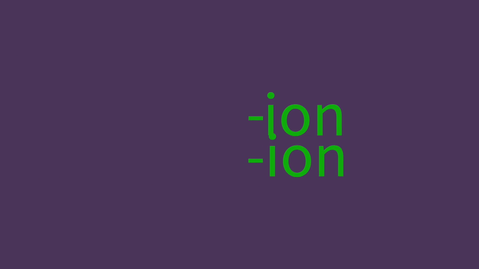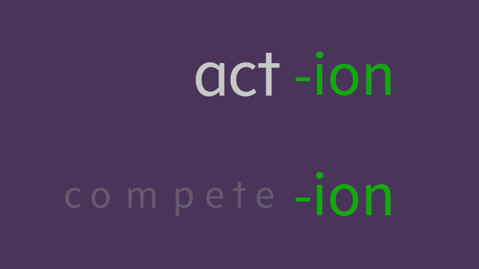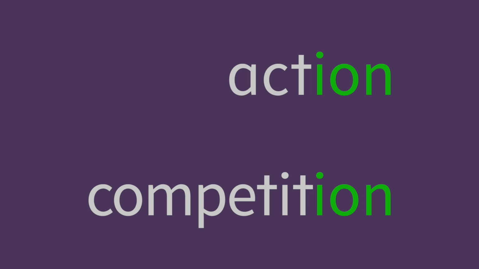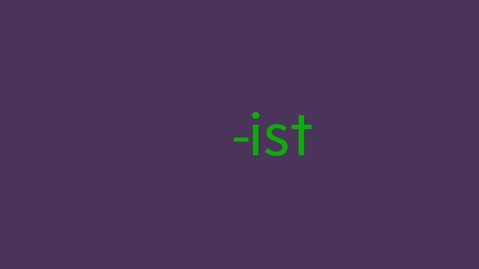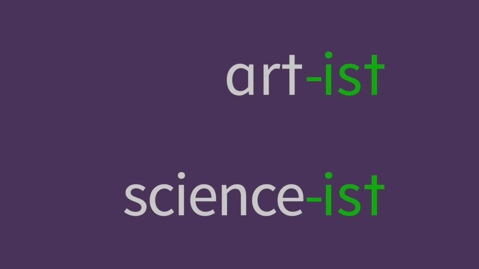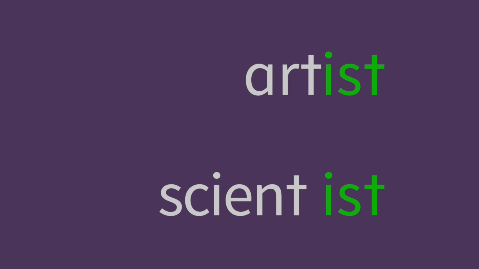Ion changes the Latin word into a noun, like act, action; compete, competition. Ist changes the meaning of the Latin word so that it means someone who does something, like art, artist; science, scientist.